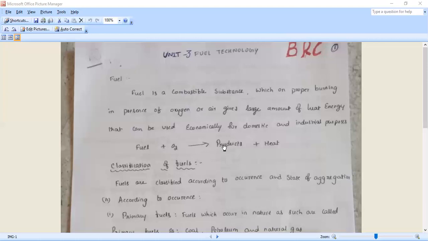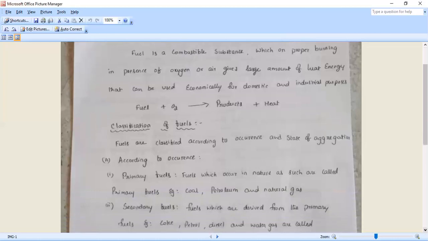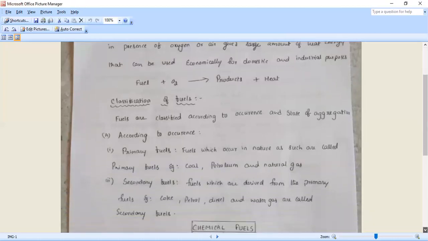Then we go for a classification of fuels. The fossil fuels have been classified according to their occurrence and the state of aggregation. So according to the occurrence, fuels are classified into two types. One is primary fuels, the next one is secondary fuels.